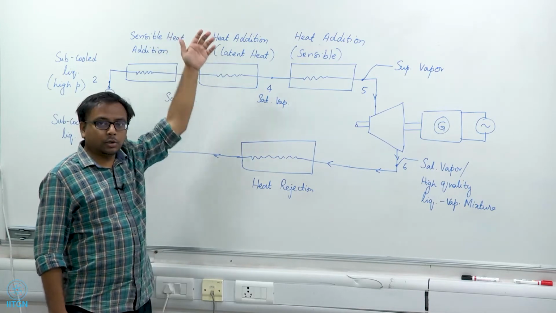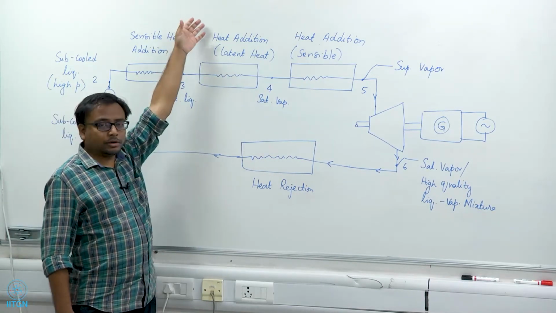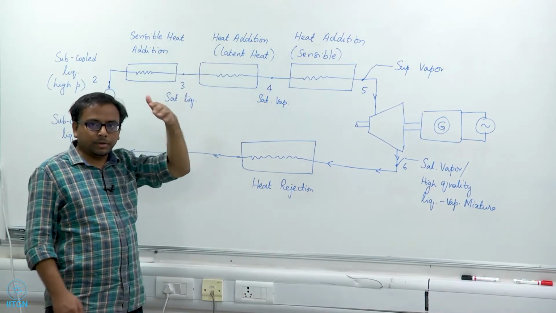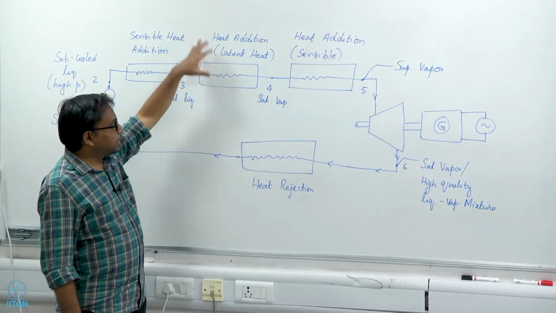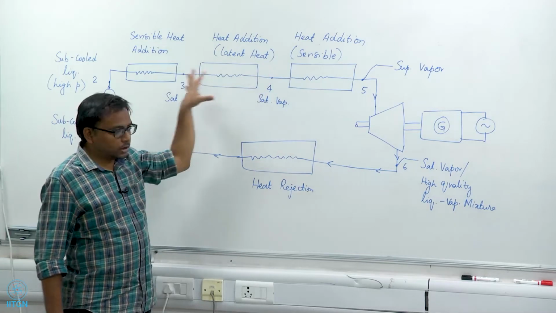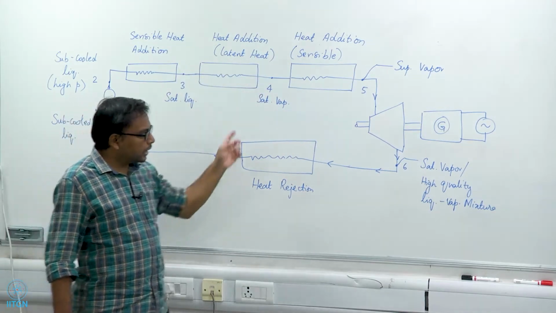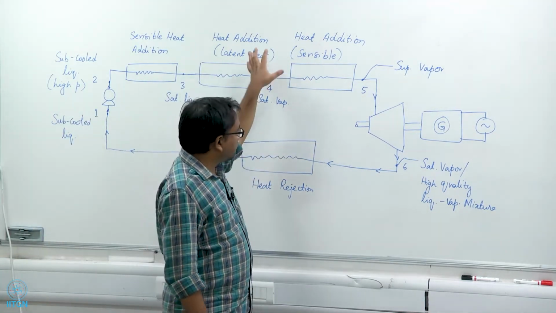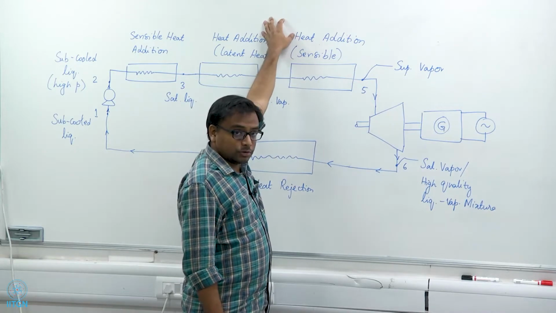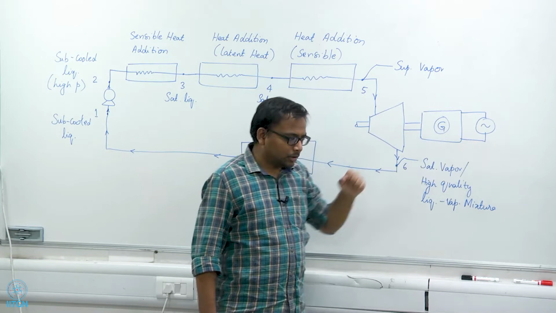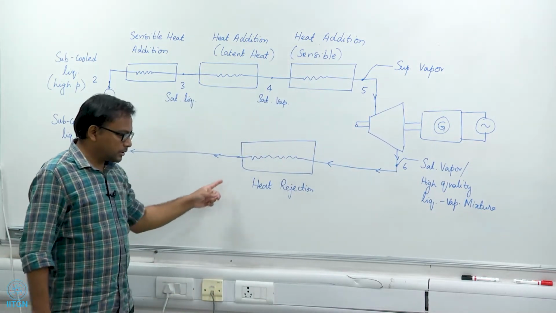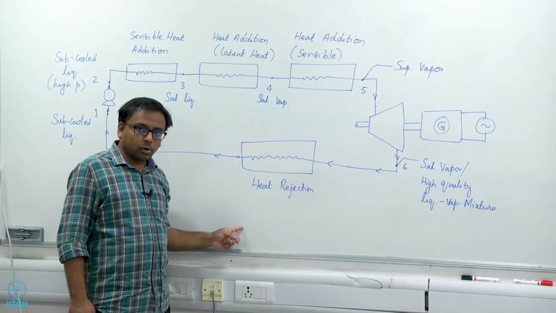If you are running a nuclear power plant, there will be nuclear fission reactions going on, which will be exothermic in nature, and which will supply the heat to this cycle. And this cycle basically takes in heat from whatever source you have available, produces some work output and rejects the rest of the heat to a colder reservoir.